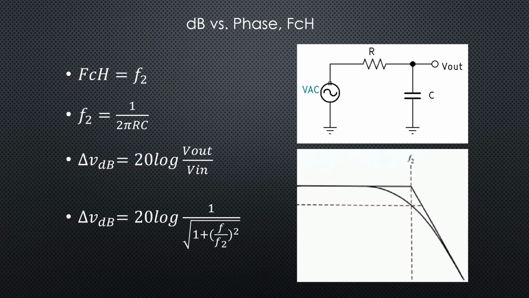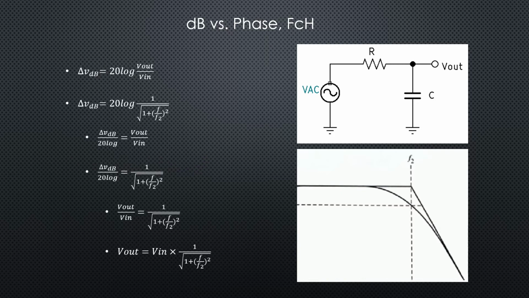And in our previous math book, we learned that we can also find dB by the equation voltage dB is equal to 20 log times 1 divided by the square root of 1 plus F divided by F2, that quantity squared, where F is any frequency on the high frequency side of the curve, and F2 is our cutoff frequency, FC high.